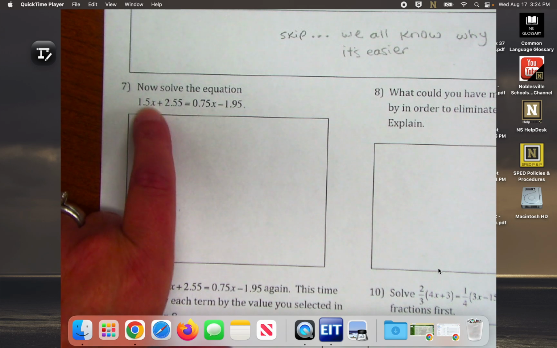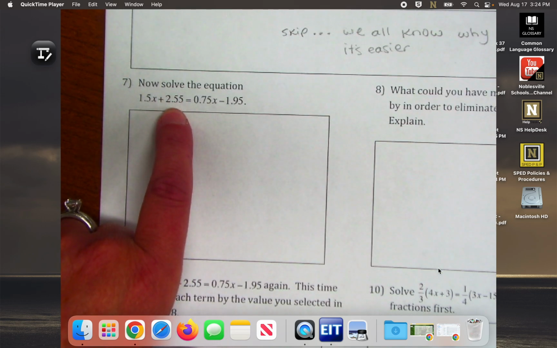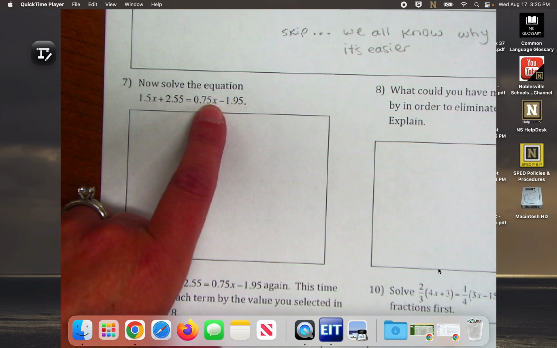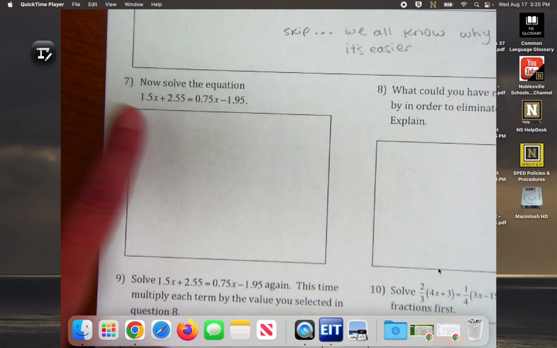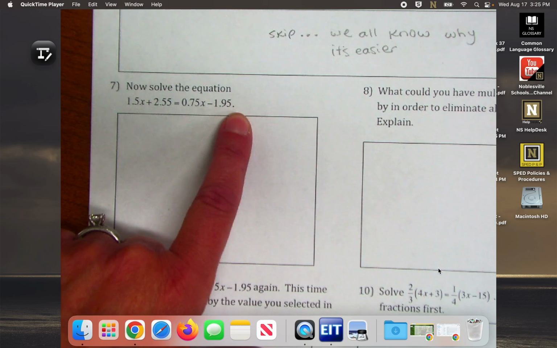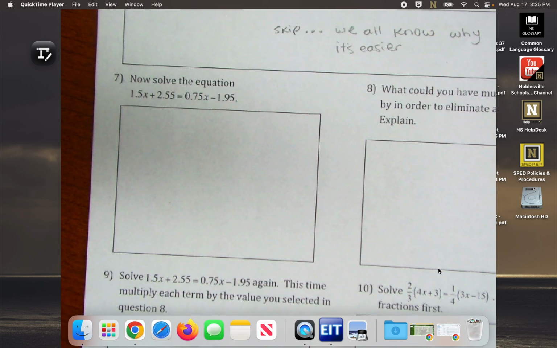So if I multiplied 1.5 times 10, what am I going to get? 15. It would just move the decimal one place. If I multiplied 2.55 by 100, what would I get? 255.